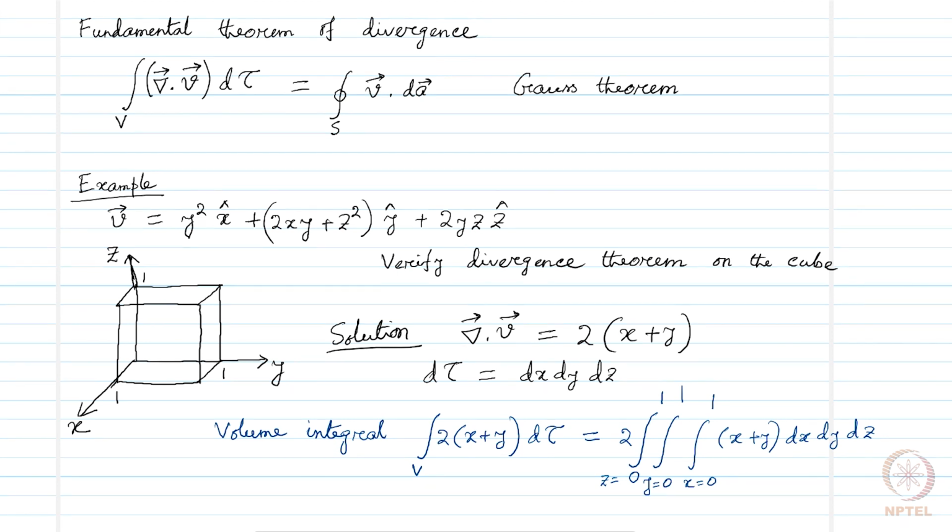Let us consider the front surface to be surface 1, back is surface 2, surface 3 is this one, this side is surface 4, 5 is above, and 6 is below.